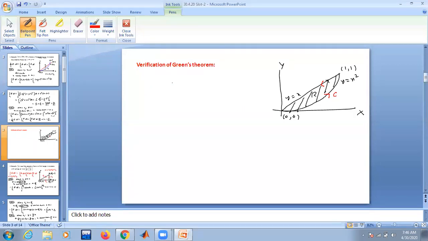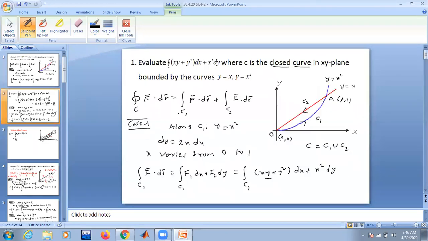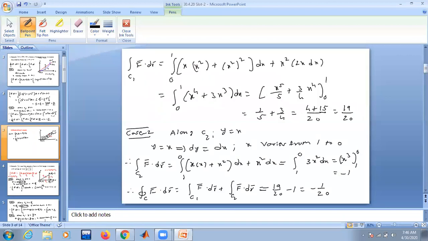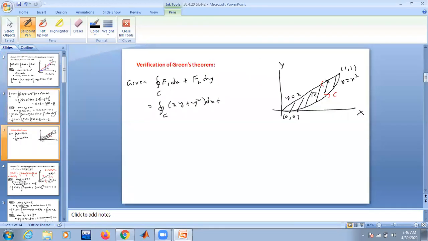Now what is f1, what is f2? We need to compute the partial derivatives. So our integration is the integral over C of f1 dx plus f2 dy, which is equal to the integral over C of (xy plus y square) dx plus x square dy.